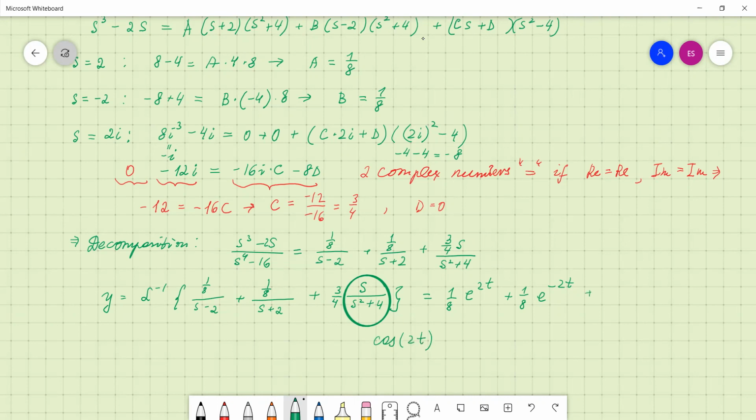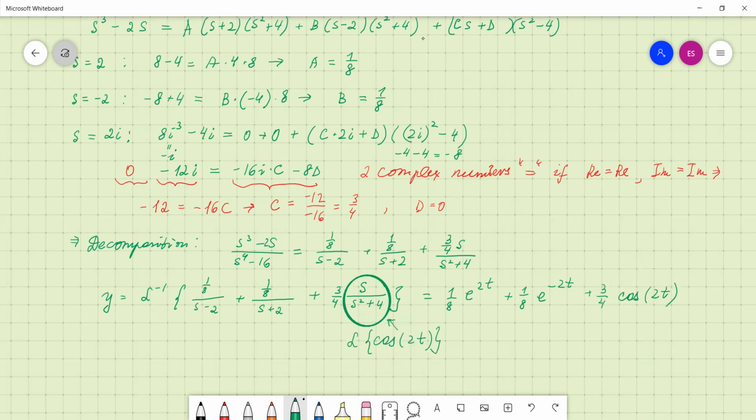So I'm going to have 3/4 cosine of 2t, because this is the Laplace transform of cosine of 2t. Somehow I'm missing s, but otherwise that's the final answer.